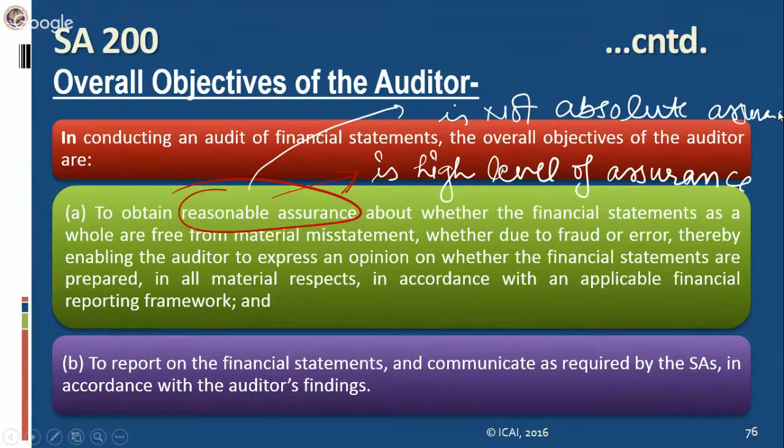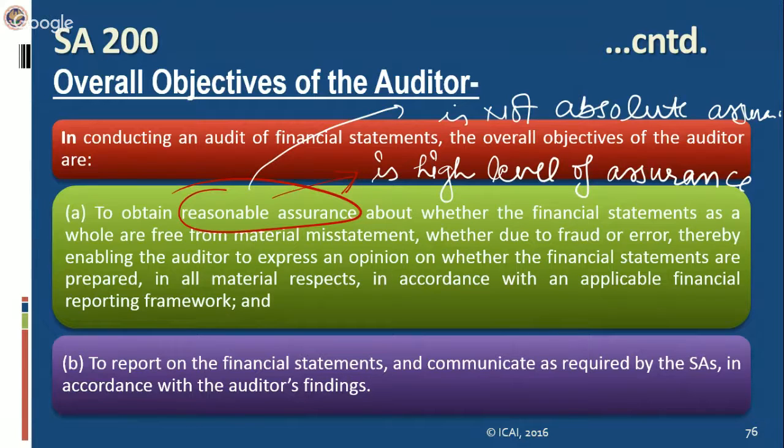Whenever reasonable assurance appears, two things should automatically come to your mind. Reasonable assurance is not an absolute assurance; it is not complete assurance I am giving. I cannot give it because there is a reason behind it: there are inherent limitations of audit, which you studied at intermediate level.